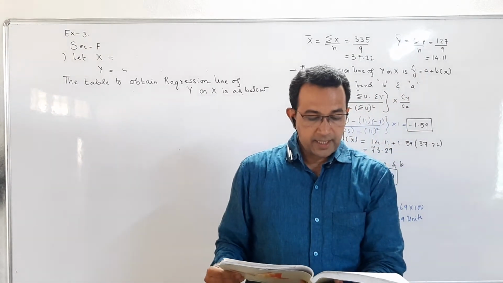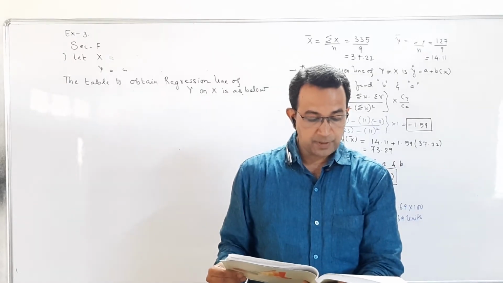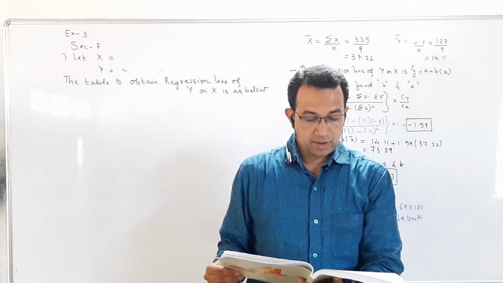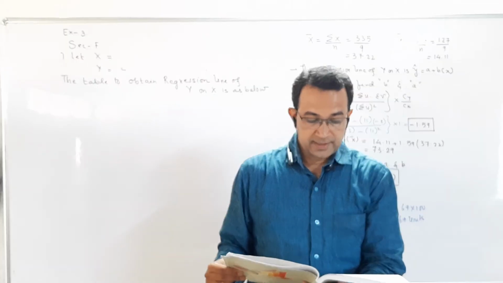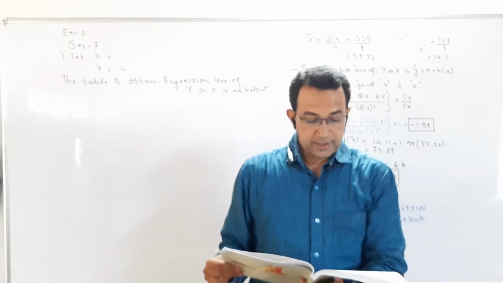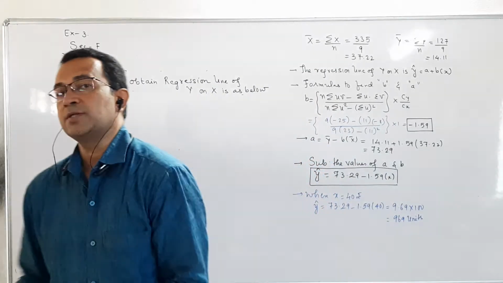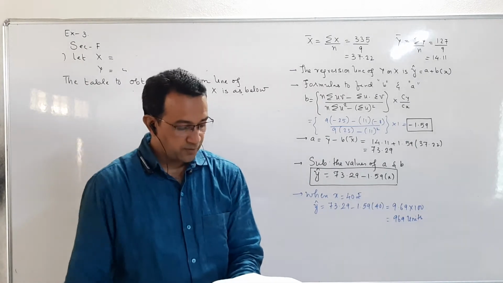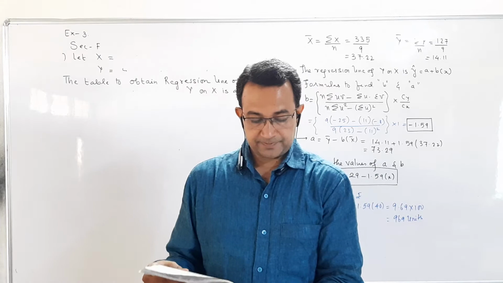The information regarding the experience in years of 8 workers on a machine and their performance rating, based on the non-defective units they manufactured in every 100 units, is as below. Obtain the regression line of performance rating on the experience. Always remember the first variable is y. So performance rating will be y and experience will be x.